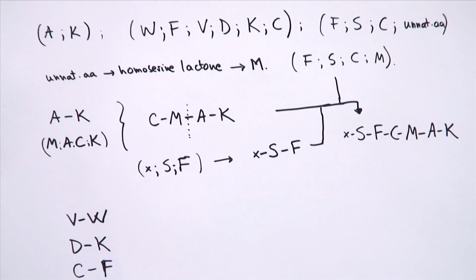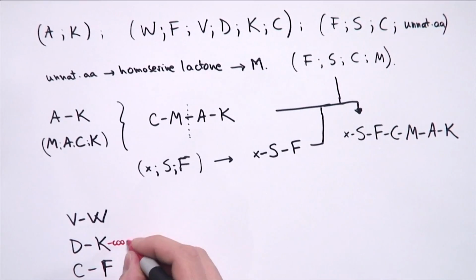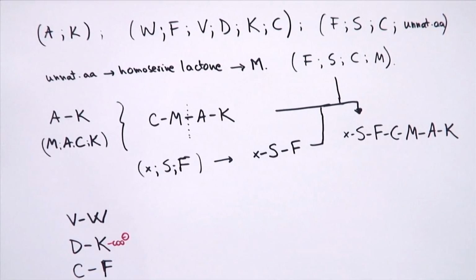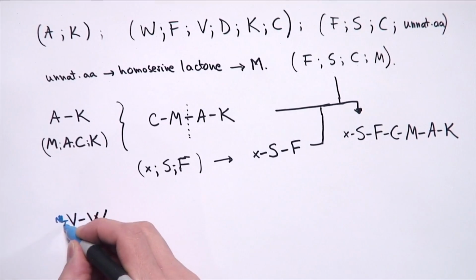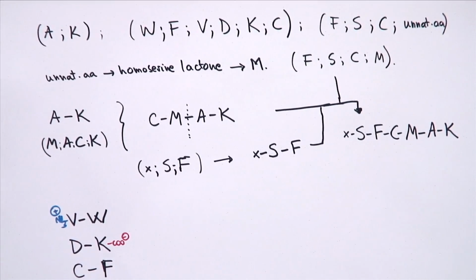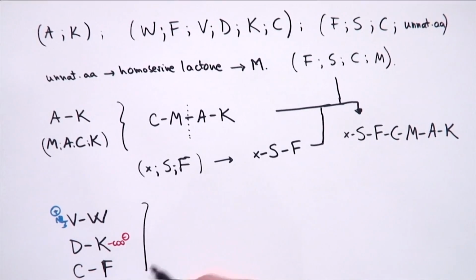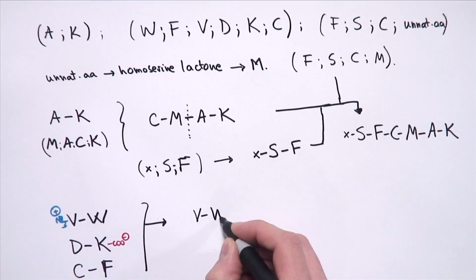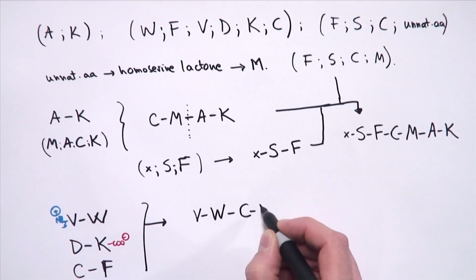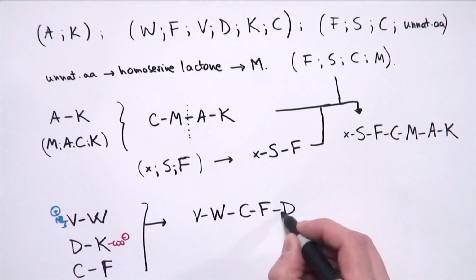Let's write it here, CO minus. And V has to be the amino end. All right, so then CF, there's no other way, it has to be in the middle. So the only possible sequence for our second chain is going to be V, W, C, F, D, and K.